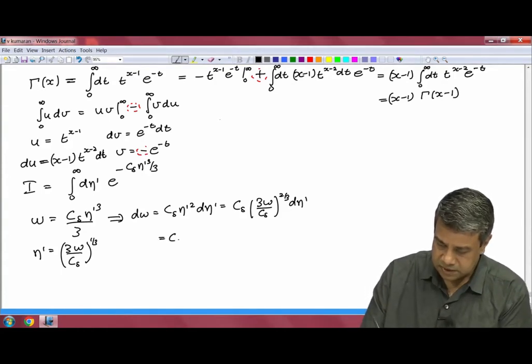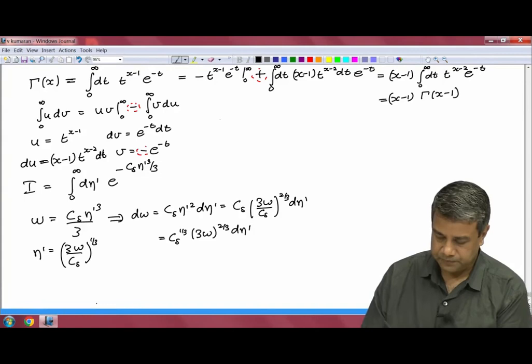So, dw is equal to c delta power 1/3 into 3w whole power 2 by 3 into d eta prime.